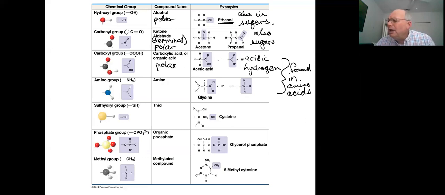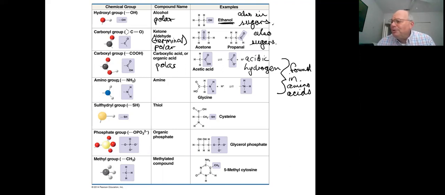Now, when you look at the nature of the carboxyl group, you can see that it looks like the combination of a carbonyl group and a hydroxyl group. That's why it's called the carboxyl group, for a combination of carbonyl and hydroxyl, because that's in fact what it is. But it's a single functional group. It's the acidic functional group.